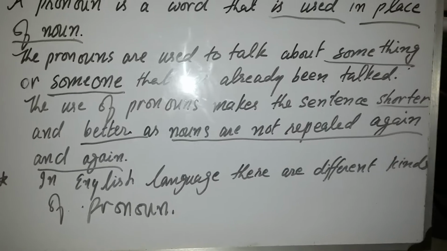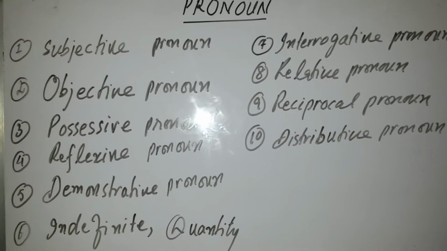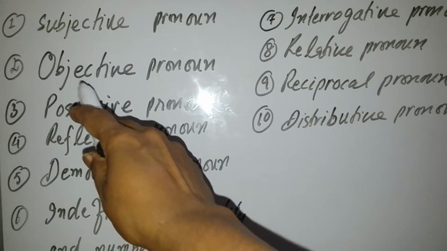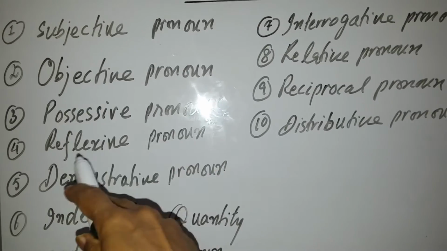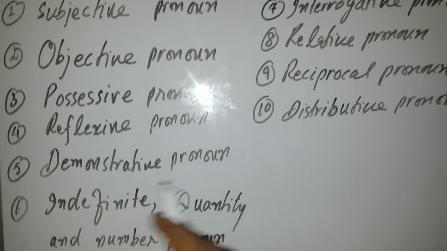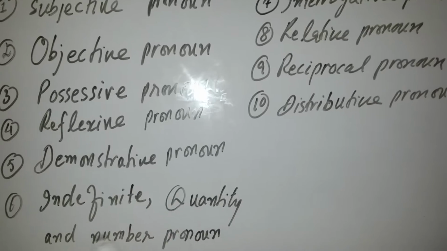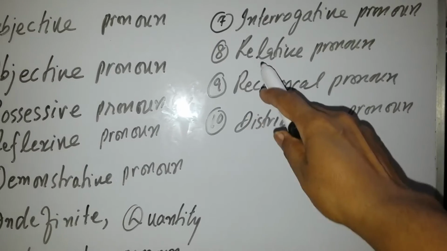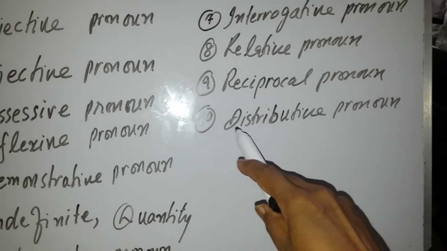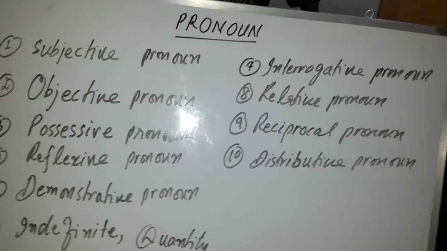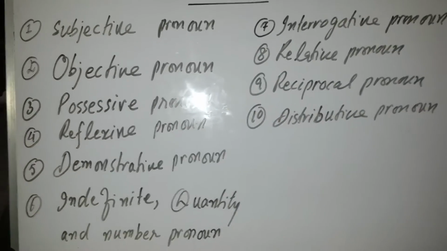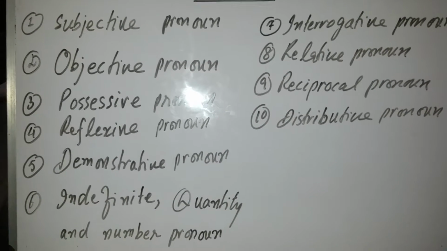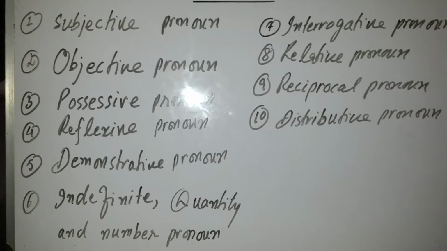Now, the different kinds of pronouns are: subjective pronoun, objective pronoun, possessive pronoun, reflexive pronoun, demonstrative pronoun, indefinite quantity and number pronoun, interrogative pronoun, relative pronoun, reciprocal pronoun, and distributive pronoun. These are the 10 different kinds of pronouns, and we will discuss all of them with examples one by one. Let's start from subjective pronoun.